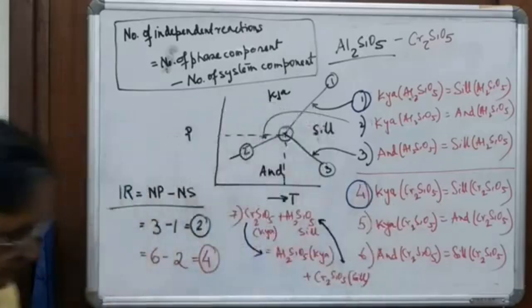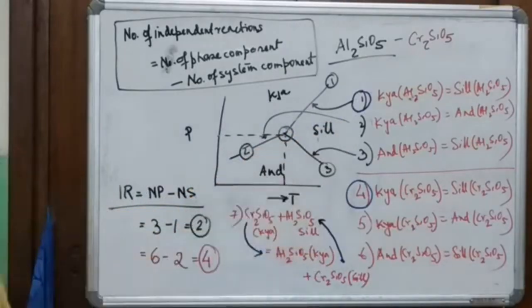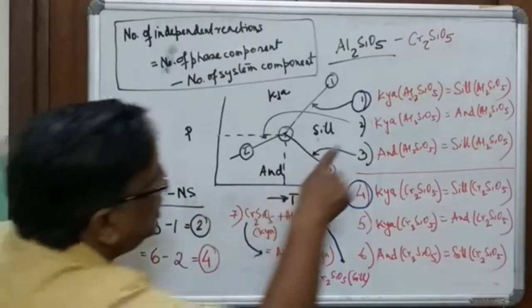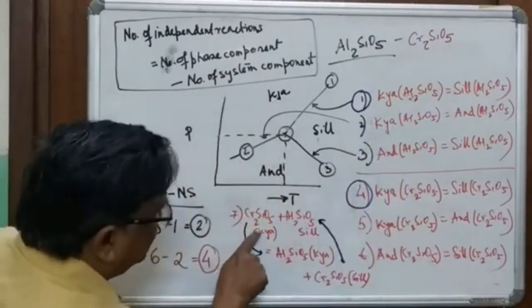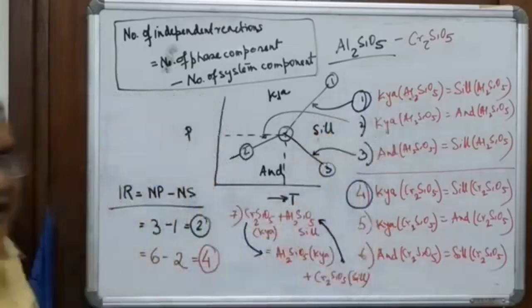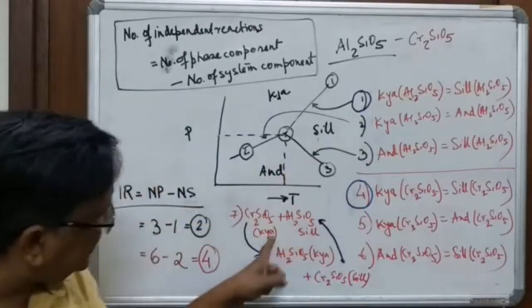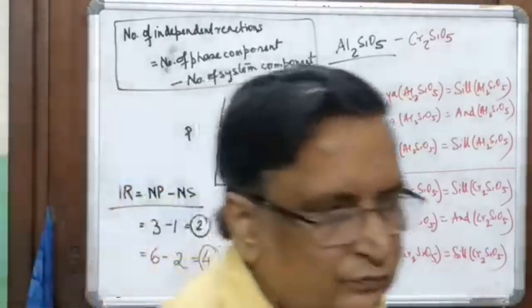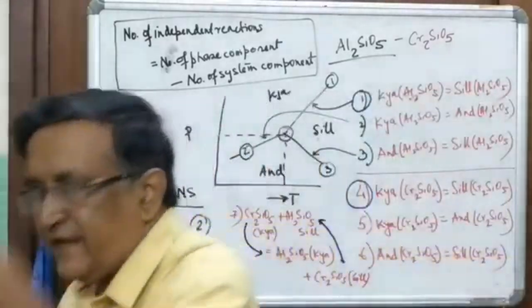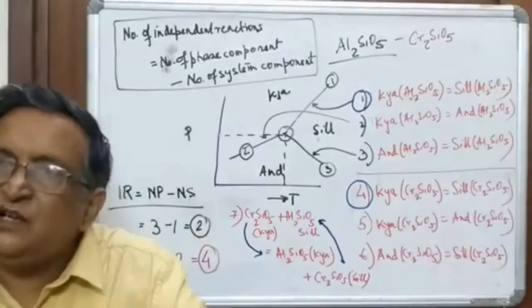This 7 is essentially a combination of 1 and 4. How? I have taken 4 minus 1. 4 minus 1 is 7. You see, it's a derivative reaction.